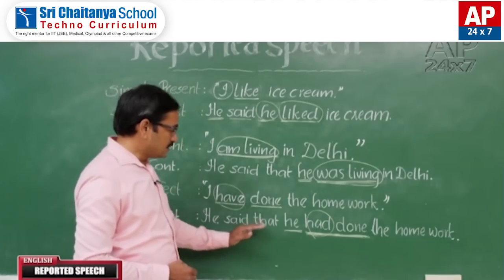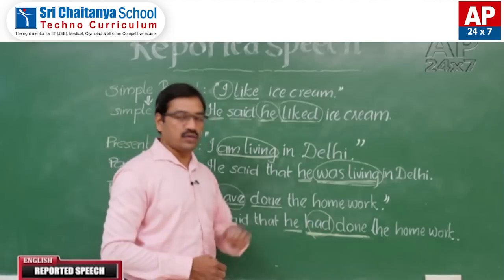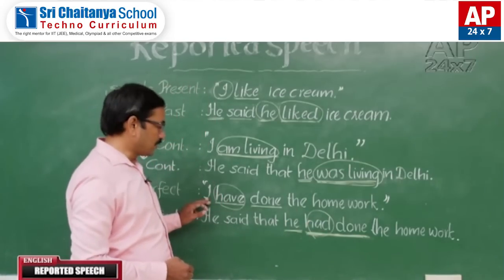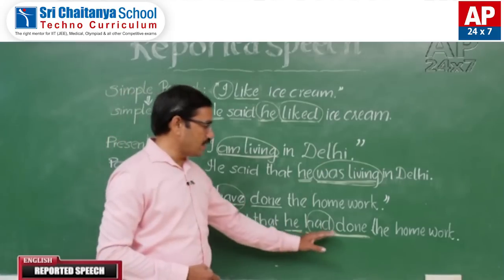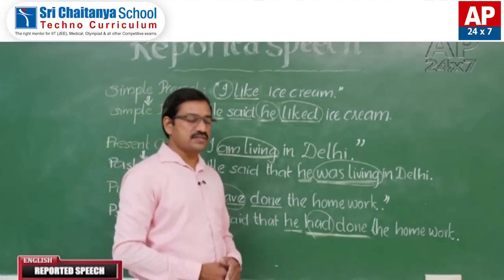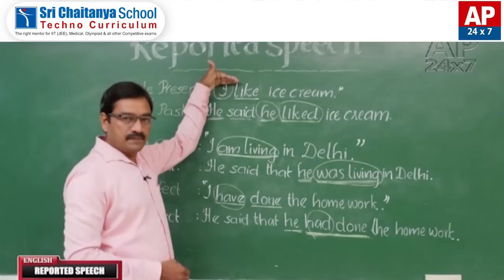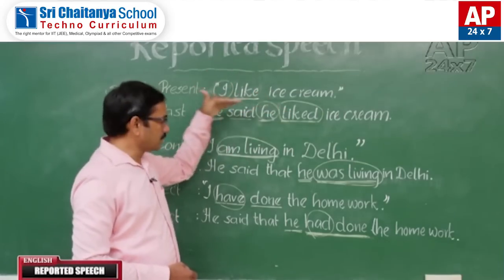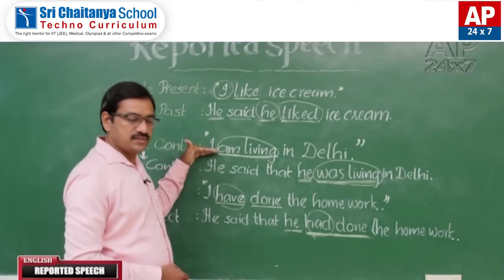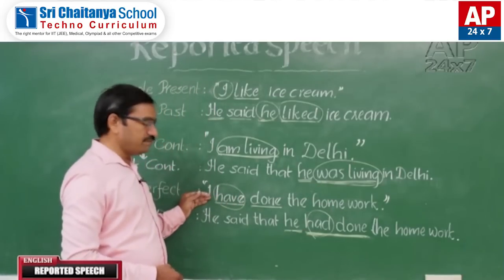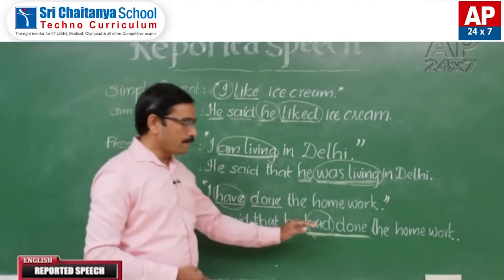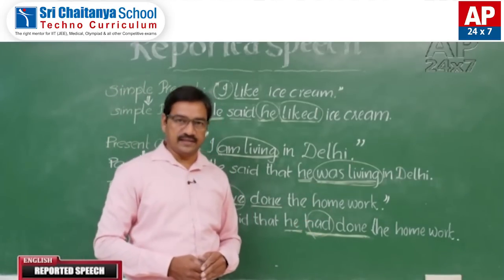He said that he had done the homework. We have changed the pronoun: I became he. Have done became had done. So what are the changes? Simple present became simple past, present continuous is changed into past continuous, and present perfect has now become past perfect in the indirect speech.